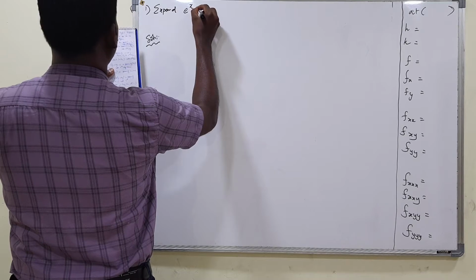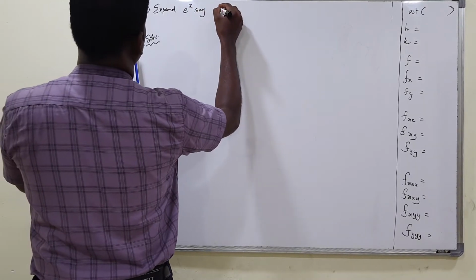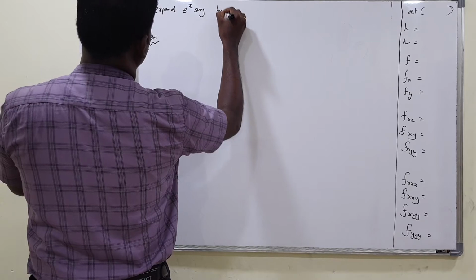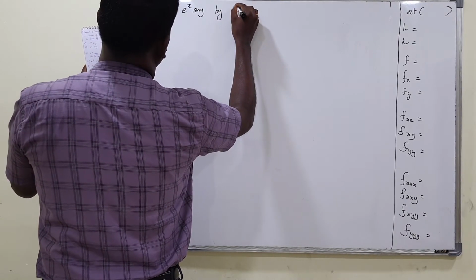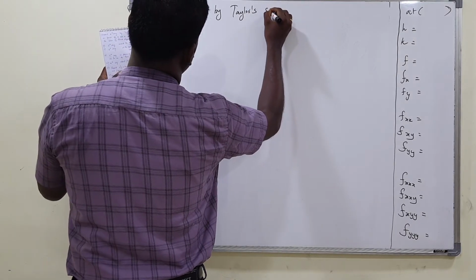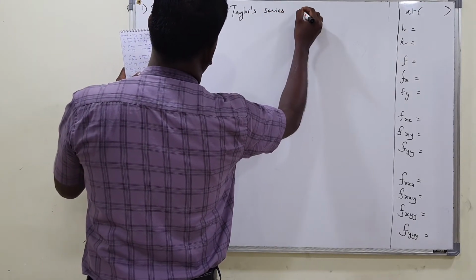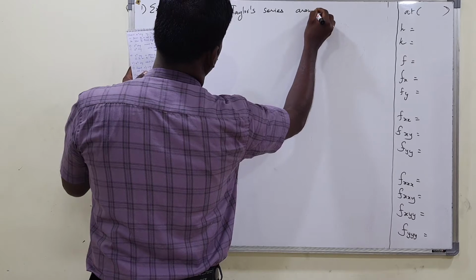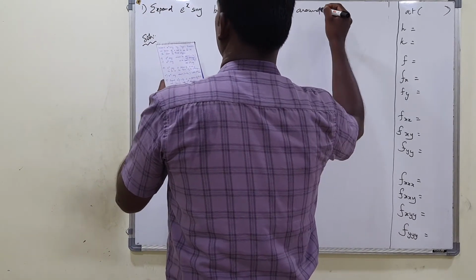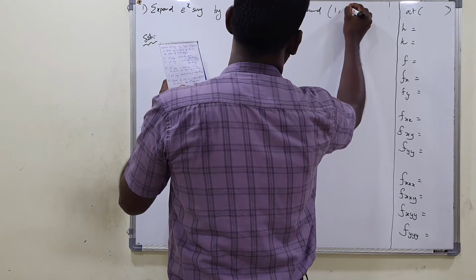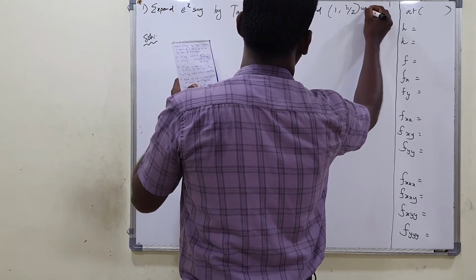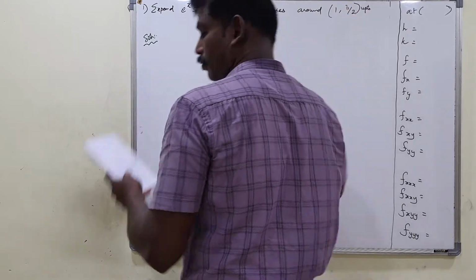Expand e power x sin y by Taylor's series around 1 comma pi by 2 up to third degree terms.